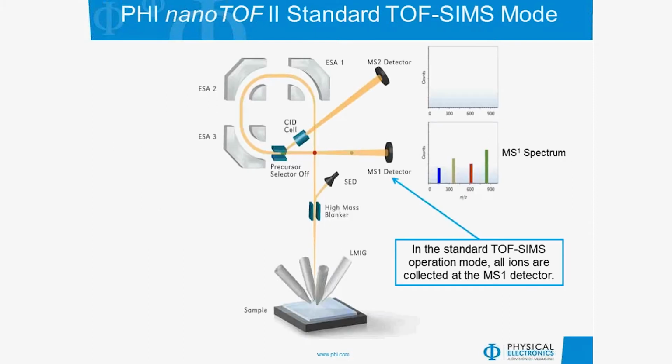TOF-SIMS is shown here, where the secondary ions come from the sample and are accelerated through the time-of-flight analyzer and to the MS1 detector. In the standard mode, we get our TOF-SIMS spectrum from the MS1 detector.